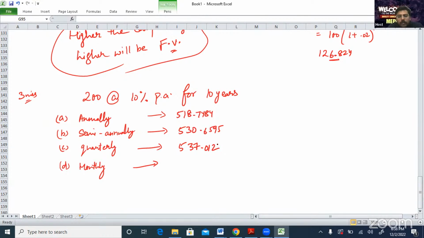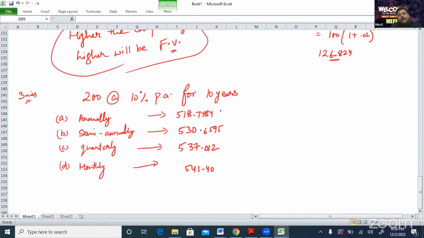So 120 will be my N. For I/Y, I have to take 10 divided by 12, so 0.8333. Then again 200, with the plus/minus sign to make it the present value. PMT is 0. Compute future value, that is coming 541.40.